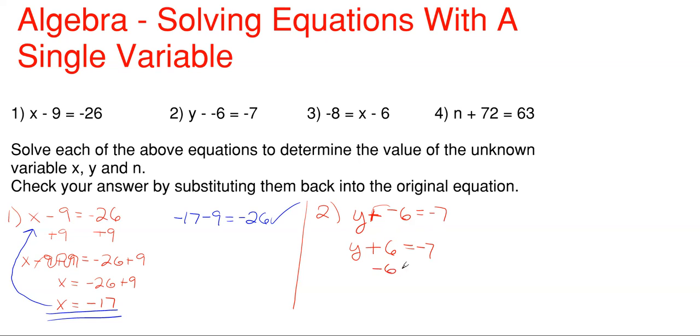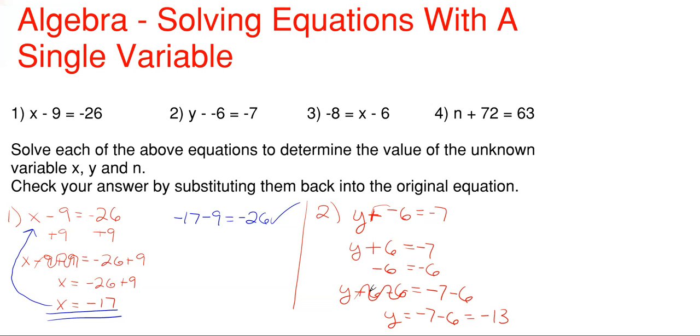So I'm going to minus 6 from each side. So I have y plus 6 minus 6 equals minus 7 minus 6. The plus 6 minus 6 will cancel each other out on the left side, and I'm left with y equals minus 7 minus 6, and minus 7 minus 6 gives me minus 13.